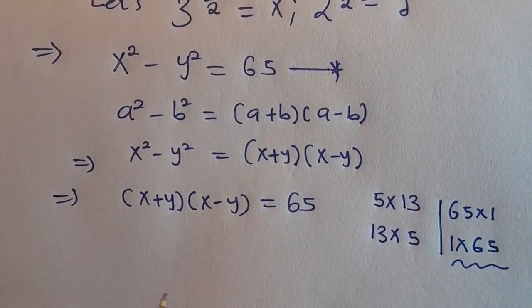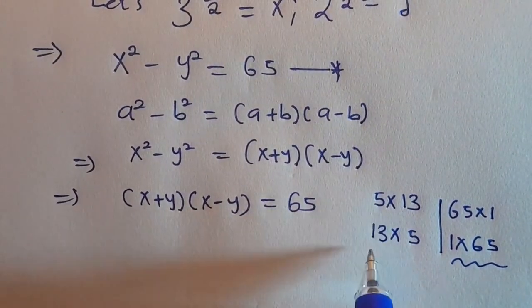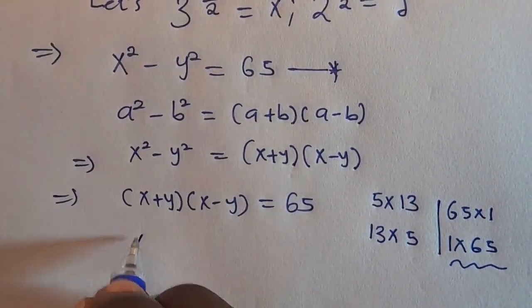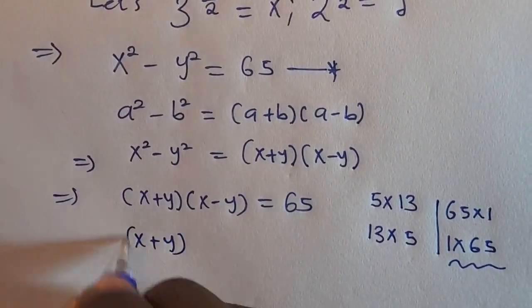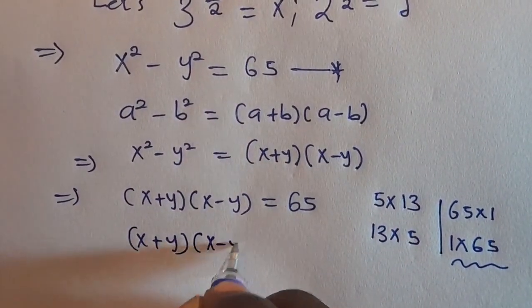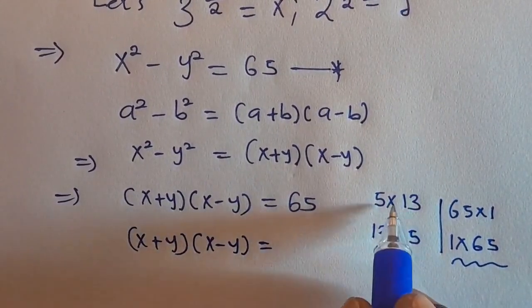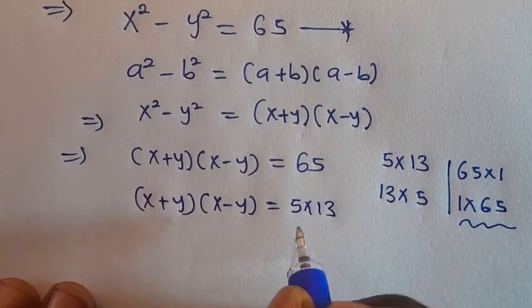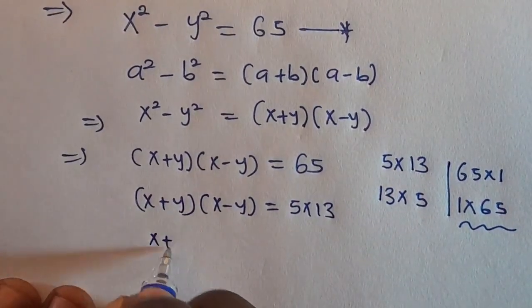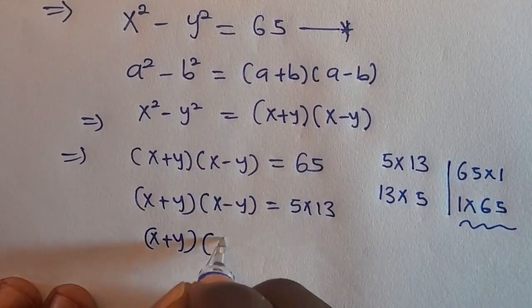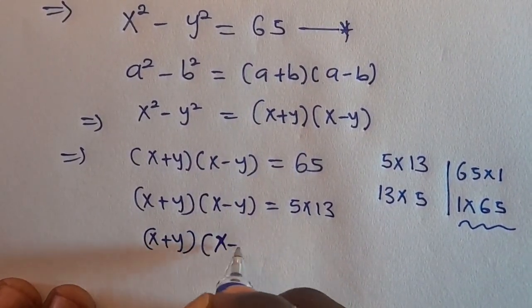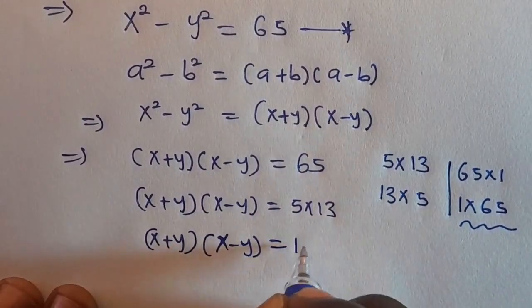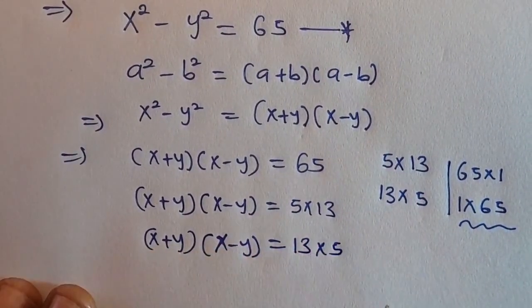Now, let's consider these two. From here we have (x plus y) multiplied by (x minus y) equals 5 times 13, or (x plus y) all in bracket multiplied by (x minus y) all in bracket equals 13 times 5.